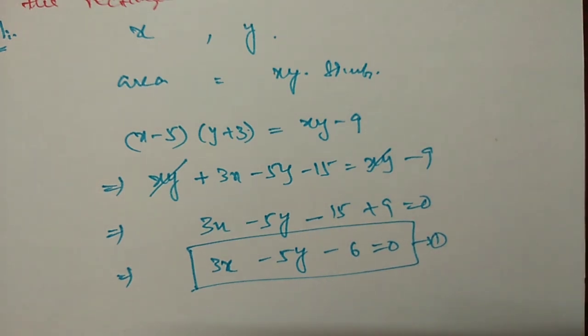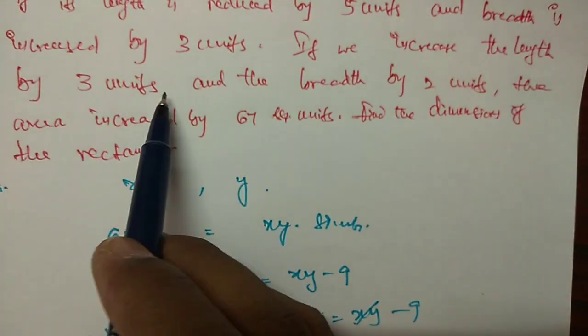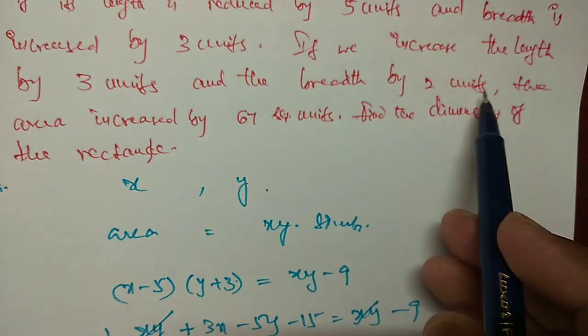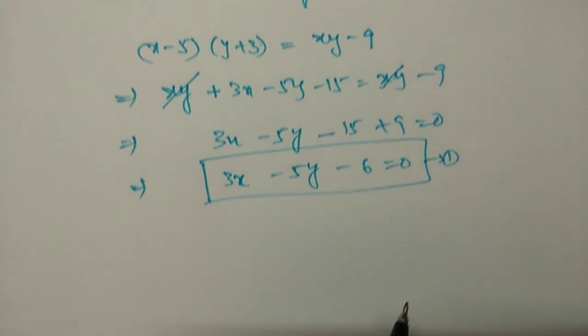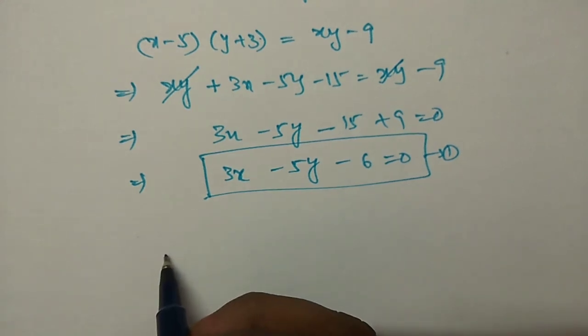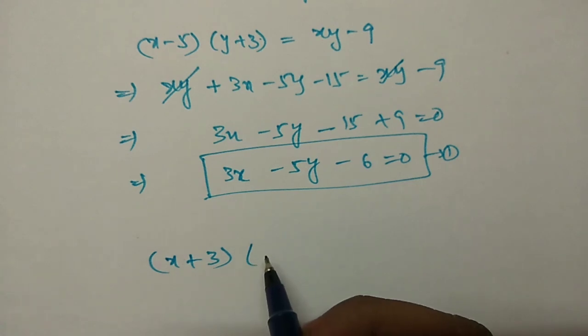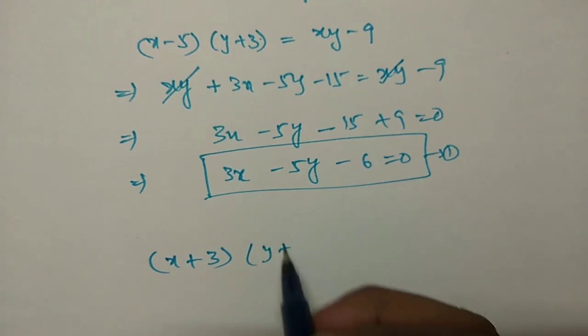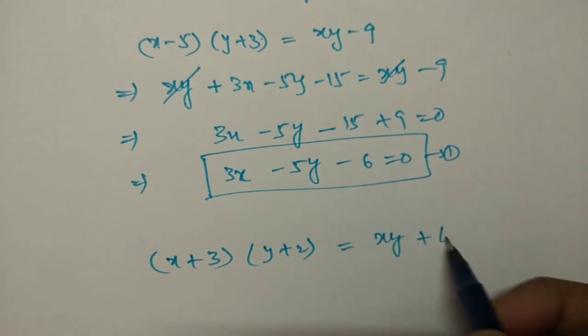Similarly, if we increase the length by 3 units and breadth by 2 units, the area increases by 67 square units. As per the condition, increase the length by 3 units, x plus 3, and the breadth by 2 units, y plus 2. Area is increased by 67 square units, xy plus 67.